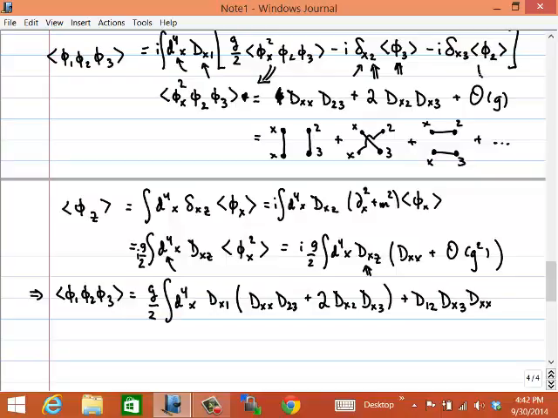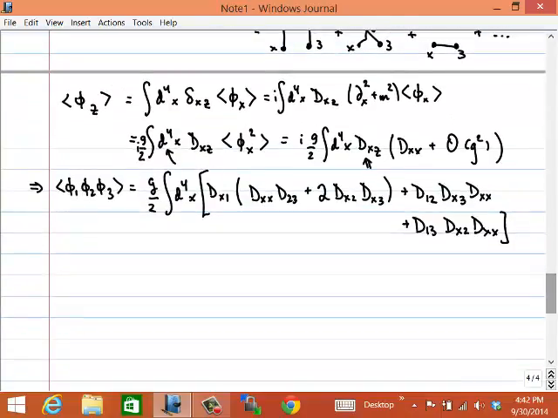And then you have this term here, which is the exact same thing with 2 and 3 switched. So that's a d13 dx2 dxx. Okay.